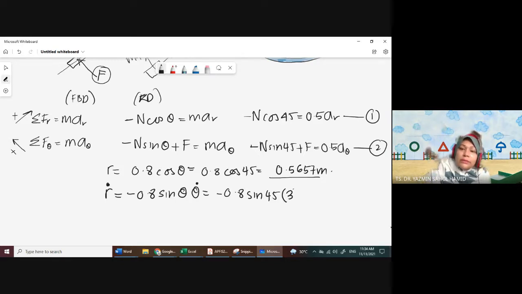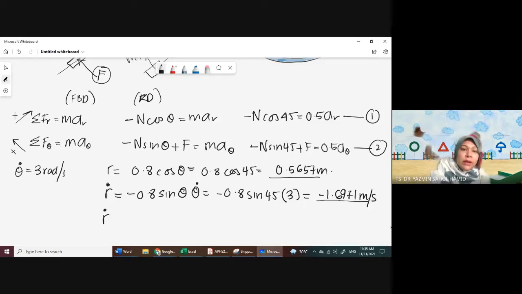Betul tak? 3 radian per second kan? Given angular velocity tadi berapa? 3 radian per second. Okay. So calculate this one. What do you get? Do you get the same with me? Negative 1.6971, something like that. Meter per second. Don't forget your units.